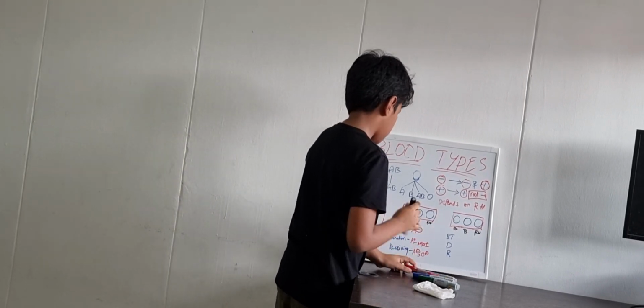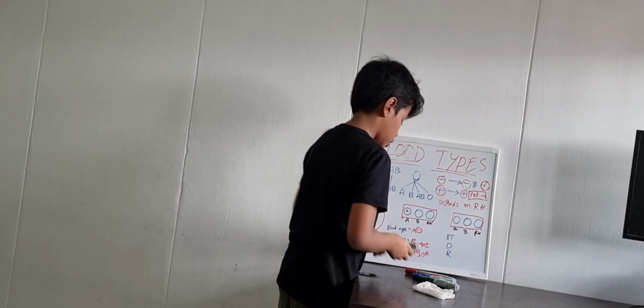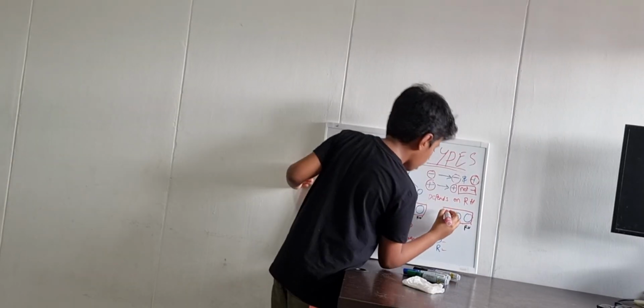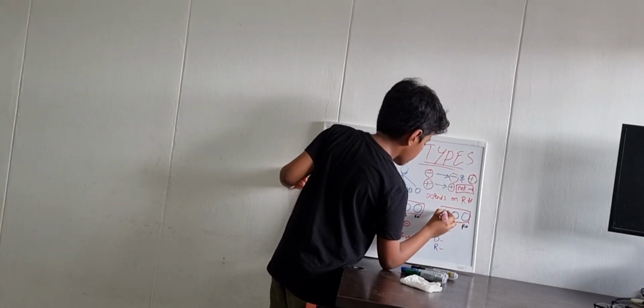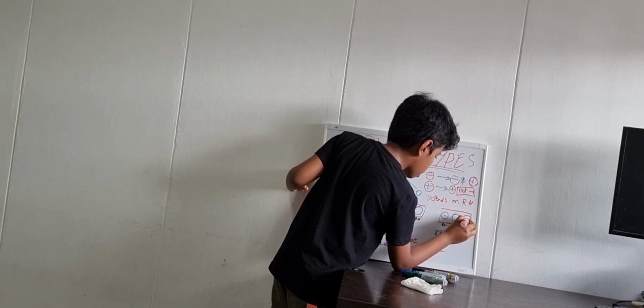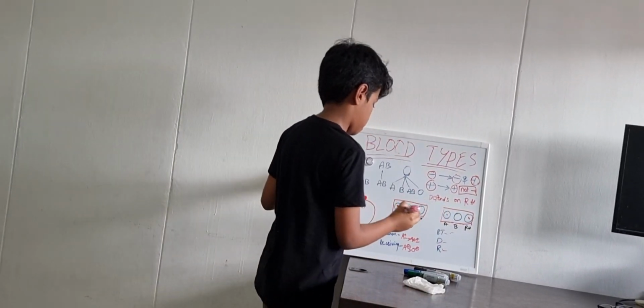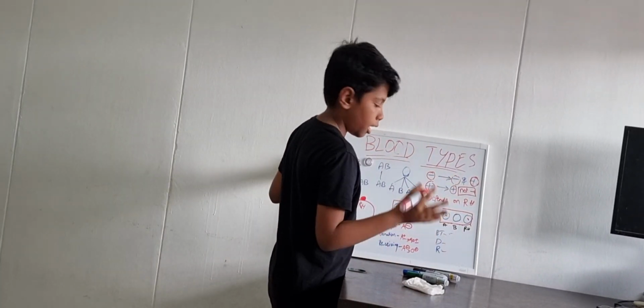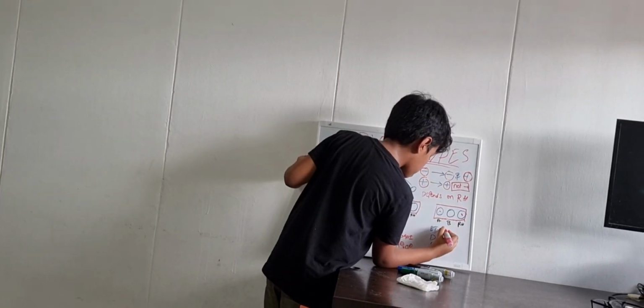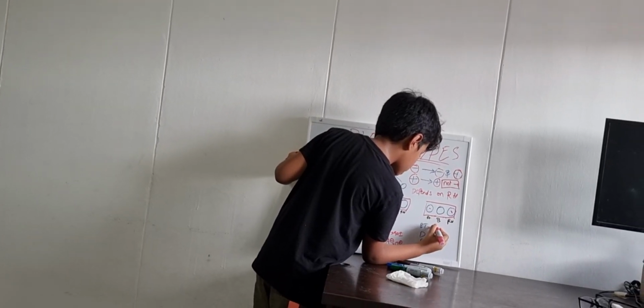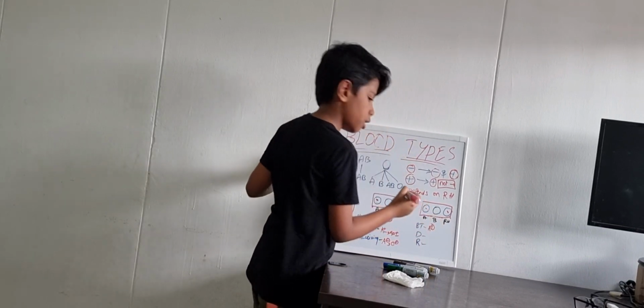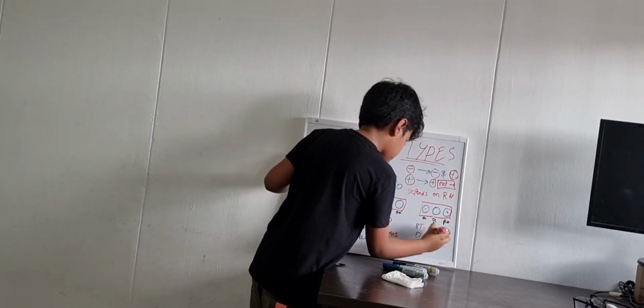Okay? Now we will move on to A positive. If there is clumping in the A and the RH, what does that mean? It means that you are A positive type.